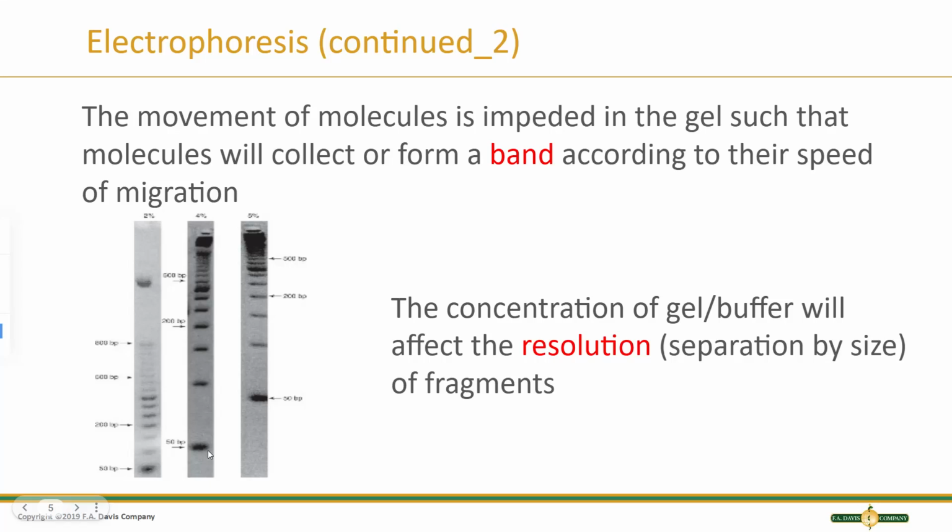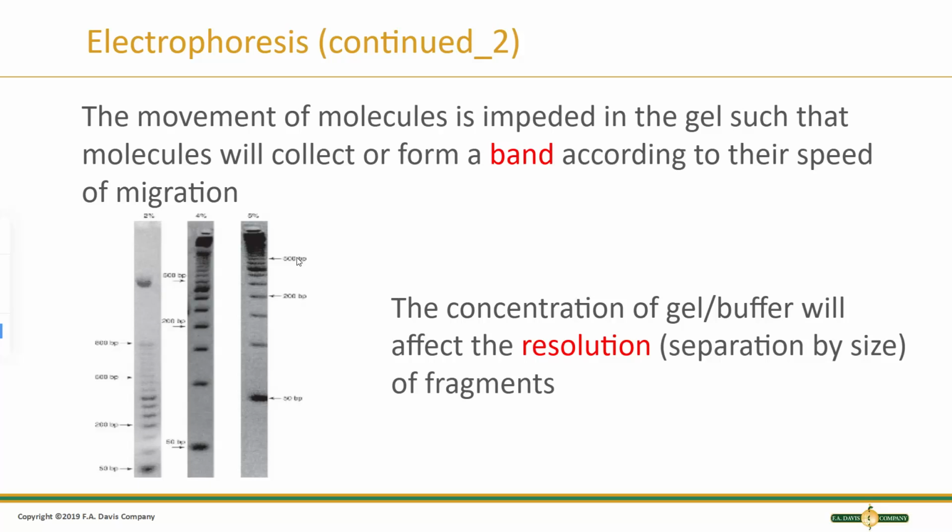DNA fragments that are shorter, and you can see down here it says 50 something base pairs, will be able to go through faster than those that are larger, which won't be able to migrate through as fast. The percentage of gel also makes a difference.